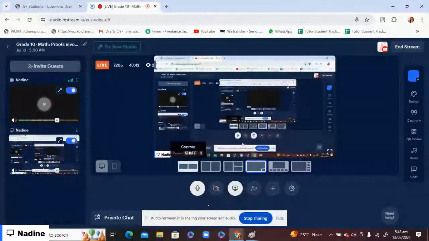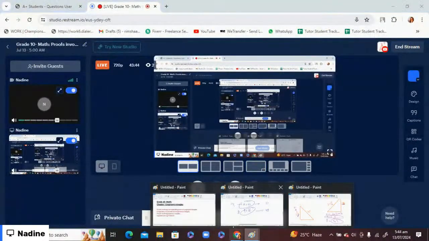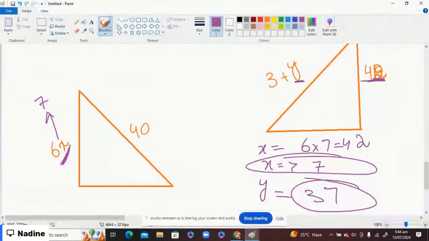Wait, let me check if my screen is shared now. Wait, everyone. No, it's still not. Wait, let me check again. Yeah, now it's visible.